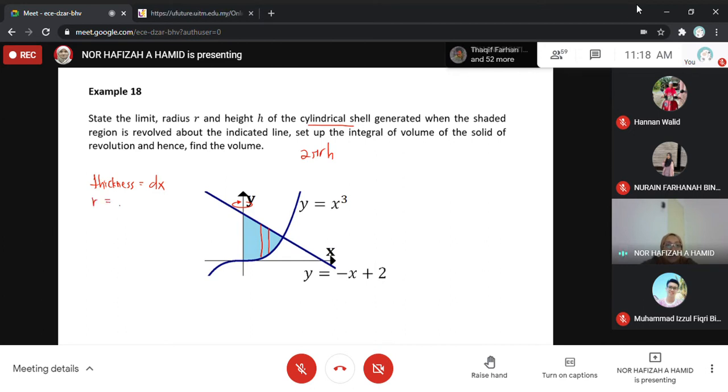R refers to the distance between the strip and the axis of revolution.